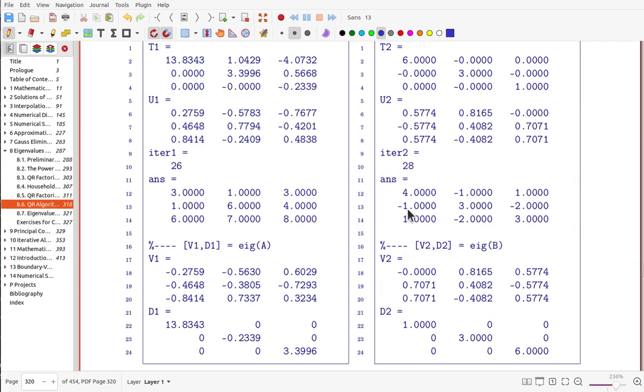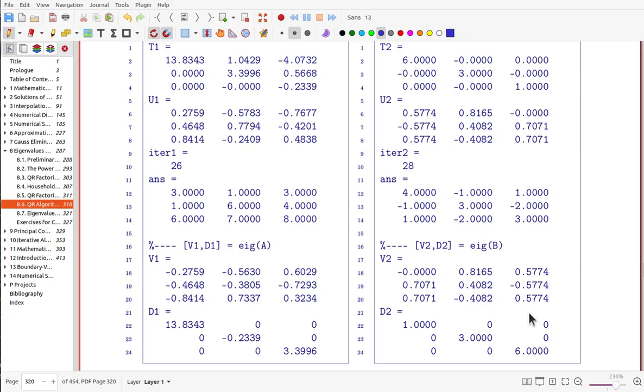Now that is multiplication U T U transpose to check if the result is the same as the given matrix A. Okay, that's the same. Now by using the built-in function eig, we have eigenvalues and eigenvectors. That is exactly matching.